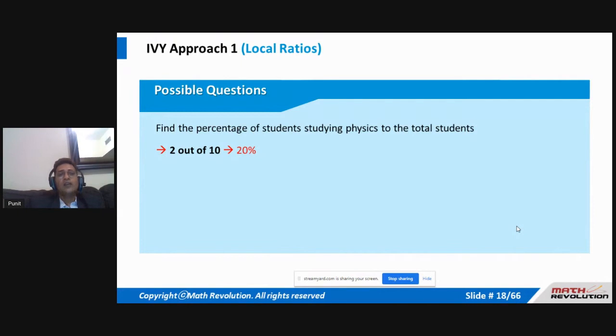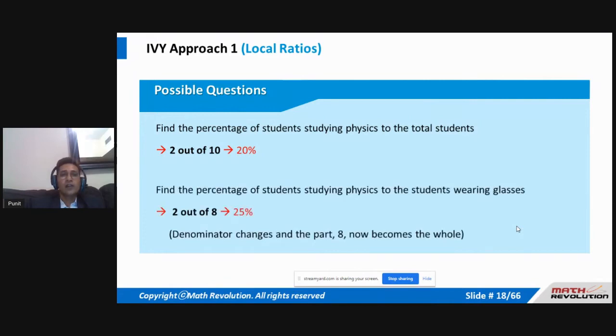The number of students who are studying physics were 2, and we are comparing it to the total students, which were 20. No, they were 10. We had 2 plus 6 plus 2, so they were 10. So all in total, 2 over 10 becomes 1 over 5. Now, since I have to convert that into percentages, I'll multiply it by 100. So 1/5 of 100 is 20%. So therein is where I get my answer.